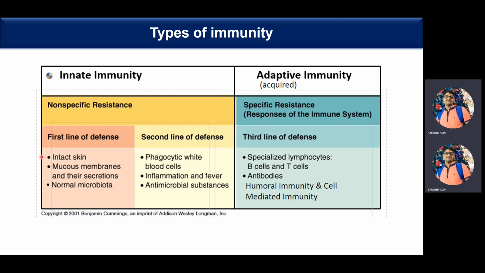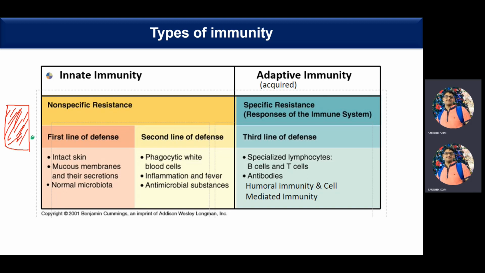The innate immune system includes the skin. For a bacterium, if you compare the size of the bacterium to our skin, the skin acts as a barrier to its entry.